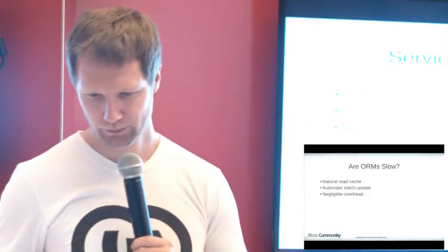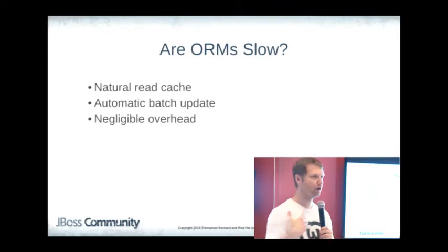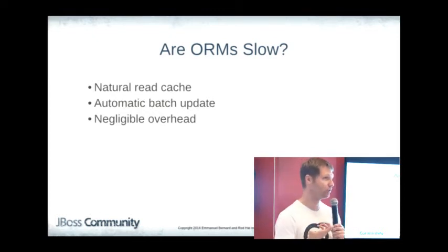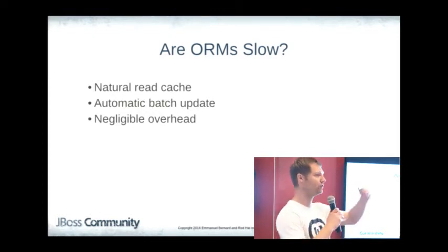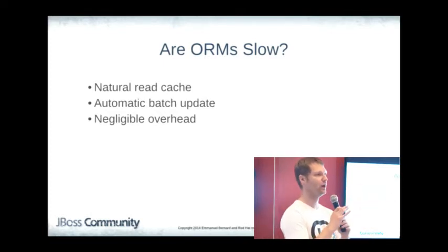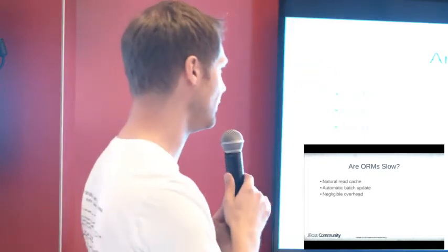A quick one: are ORMs slower than actually using the native API? Maybe, but there are a lot of things we can do for you. We have a natural session level cache where, instead of reading the same object several times in a repeatable read way, we can read the object from the local cache instead of having to read it from the data store again.